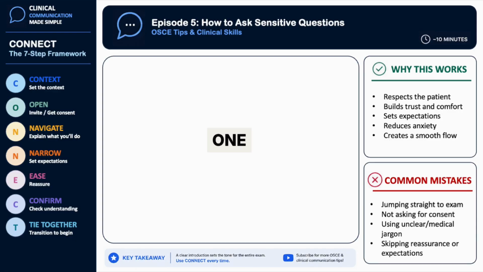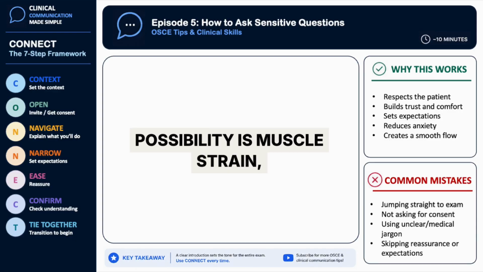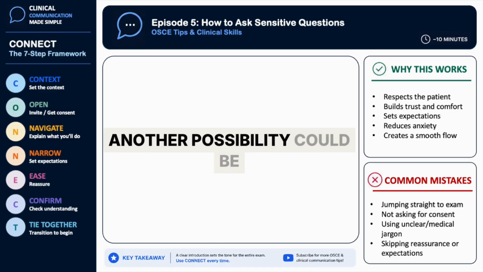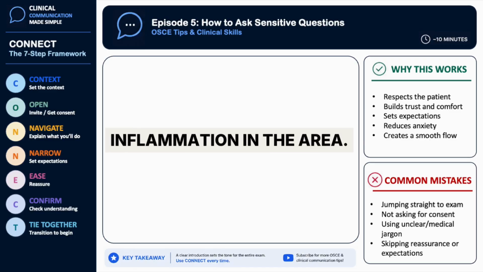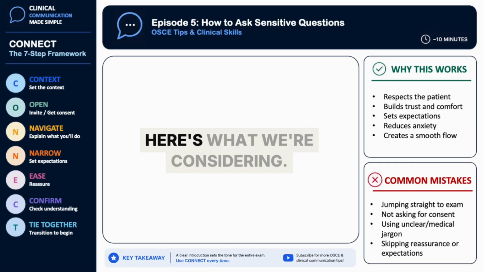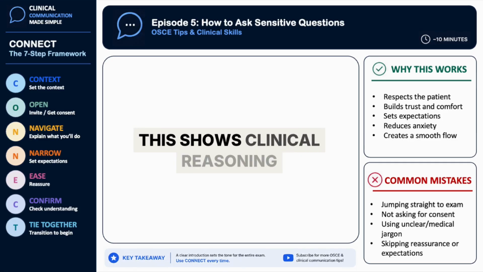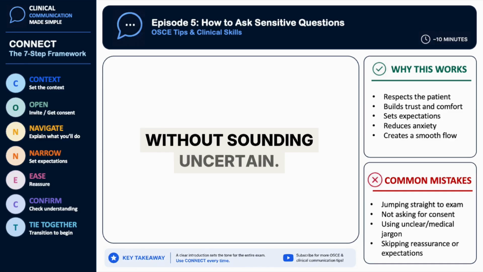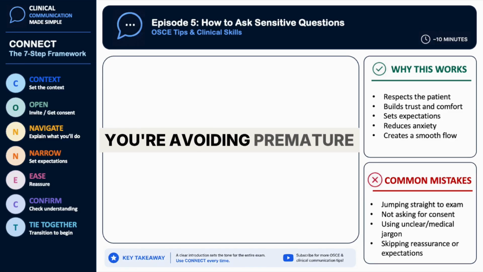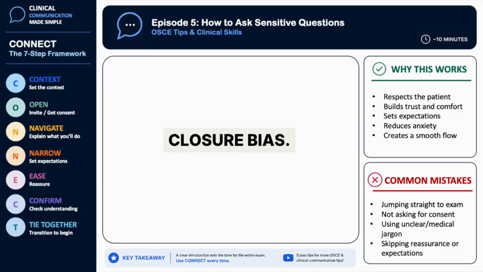For example, "One possibility is muscle strain, especially since the pain started after activity. Another possibility could be inflammation in the area." You get the idea. Notice you're not saying, I don't know. You're saying, here's what we're considering. This shows clinical reasoning without sounding uncertain. And in an OSCE situation, this also shows you're avoiding premature closure bias.